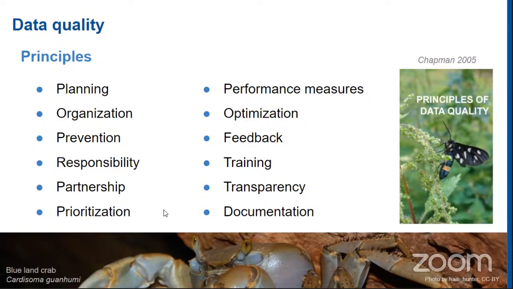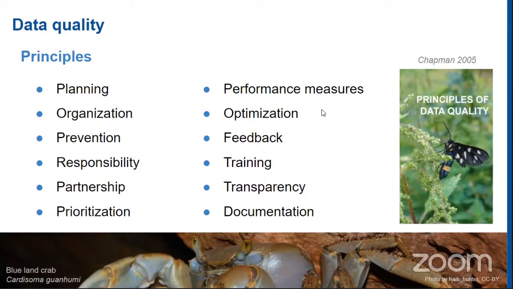We have to prioritize when we talk about data quality, what we're going to deal with, how we're going to approach it. We have to think of having performance measures to understand if our processes for data quality assessment and cleaning are performing as we hope.